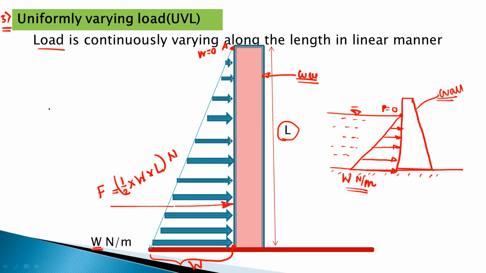Okay. So for time being, consider this is the wall AB. Its span is suppose 4 meter. And this is the uniformly varying load acting on that wall.